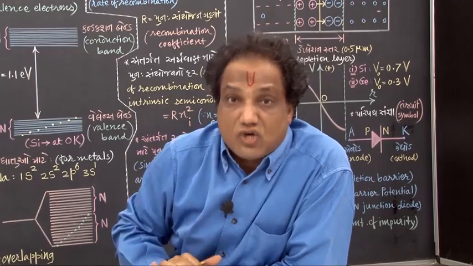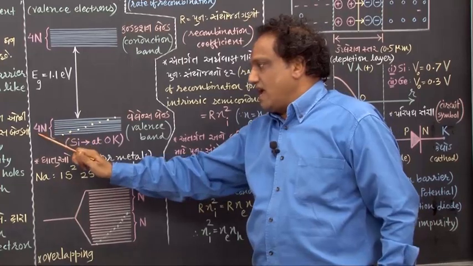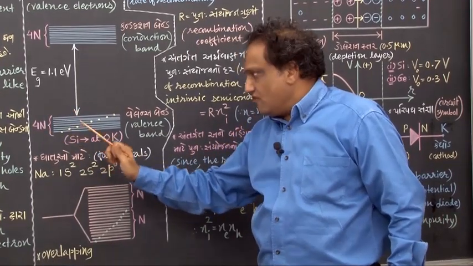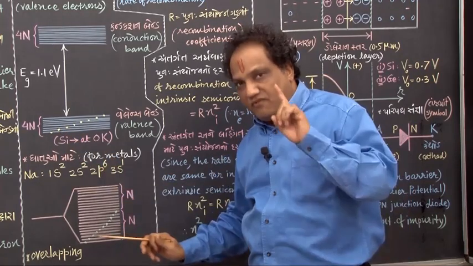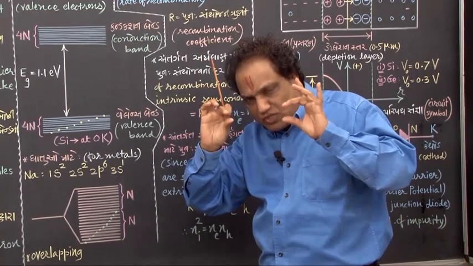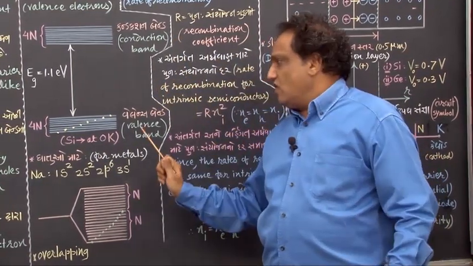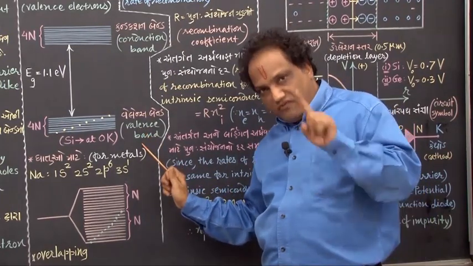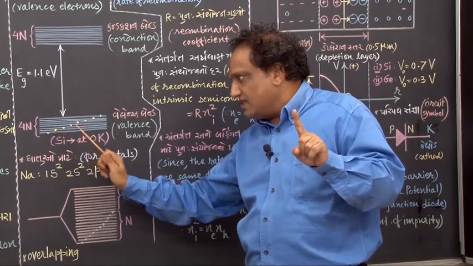valence electrons. Here I am showing those 4n energy levels which are very close to each other, and each of them is occupied by one valence electron, and because these energy levels are lying very close to each other, we can say as if they form one band which we call valence band, in which each energy level is occupied by one valence electron.